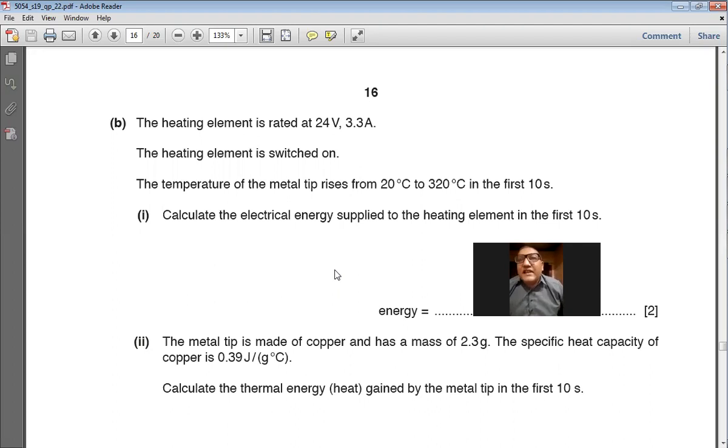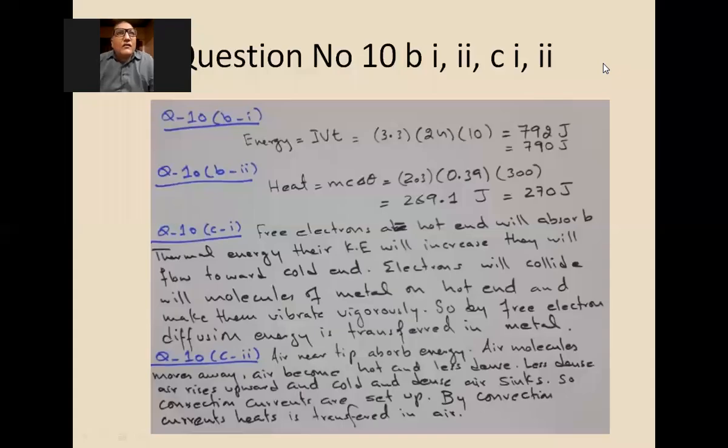So very easy, electric energy you can find out. IVT is the formula. The energy is IVT. The I value is 3.3 ampere.